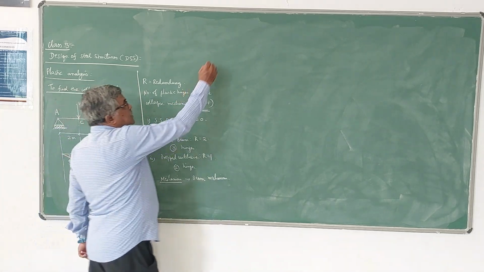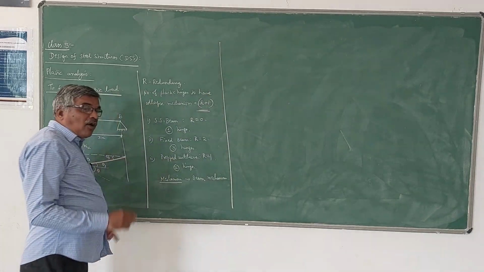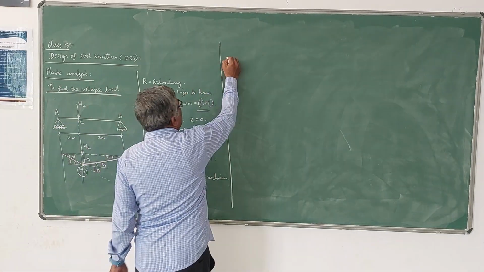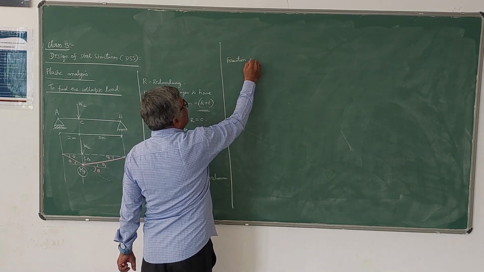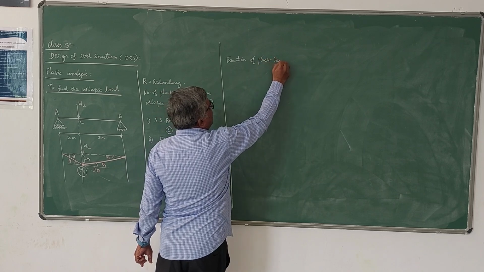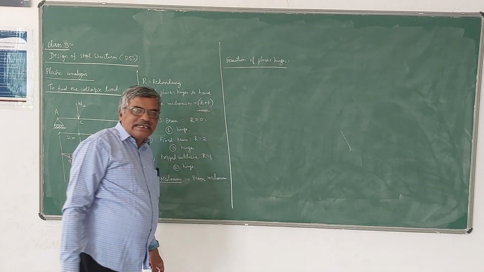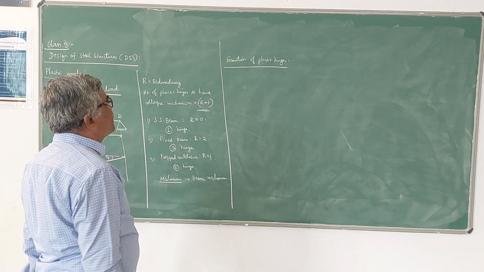We should know one more thing, that is, where all the plastic hinges form. Plastic hinges will form at critical points. That point will act as a hinge which can have infinite rotation.